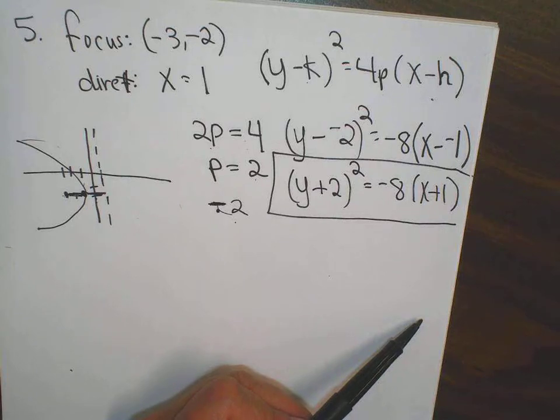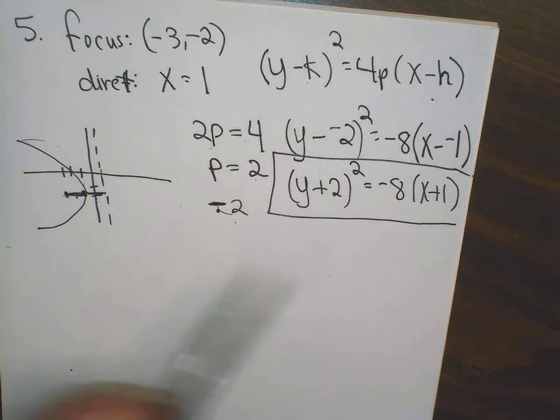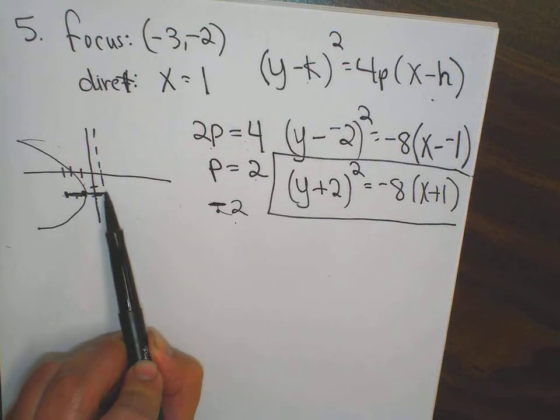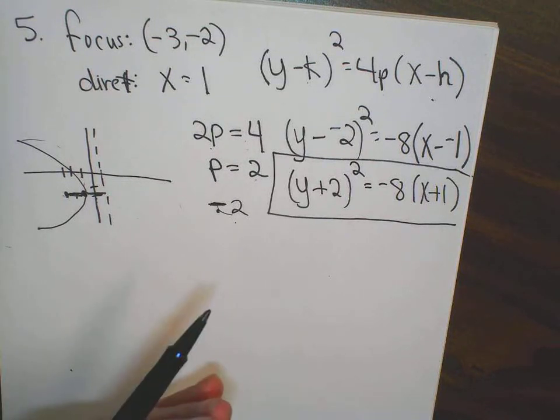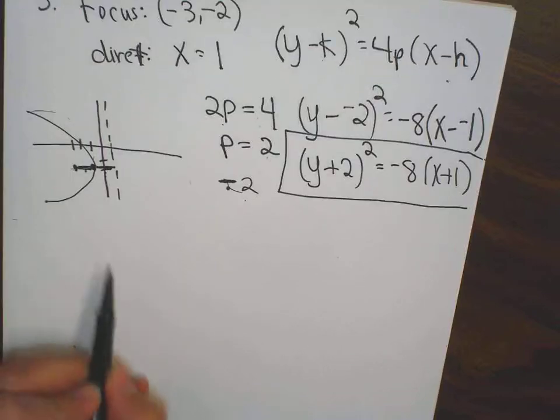So the direction always goes from the directrix to the vertex? The directrix is always outside of the parabola, so you could look at it that way.